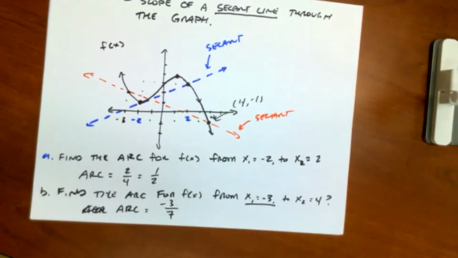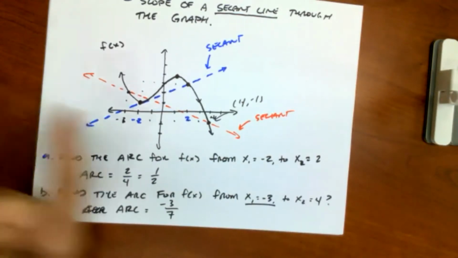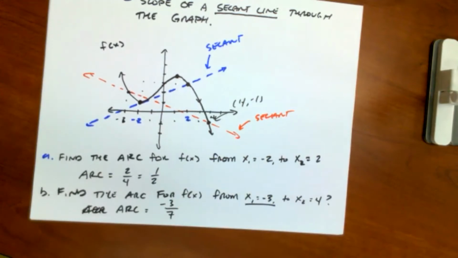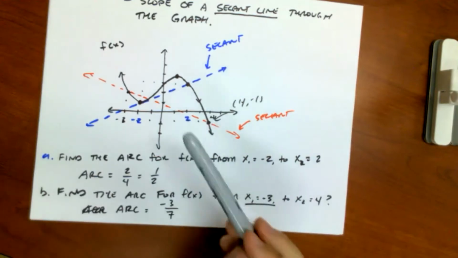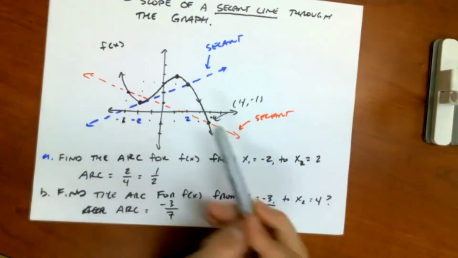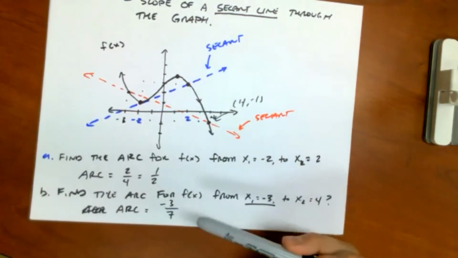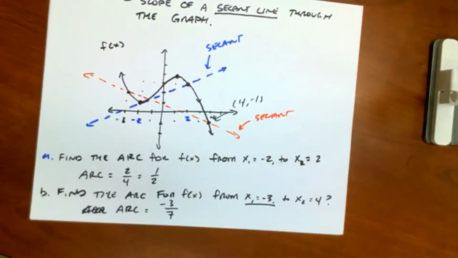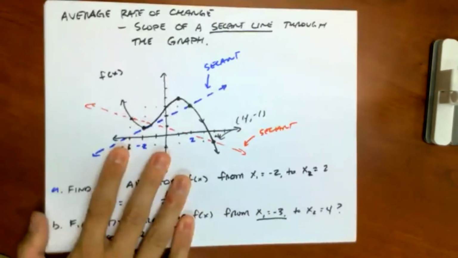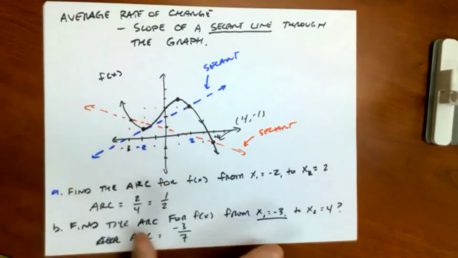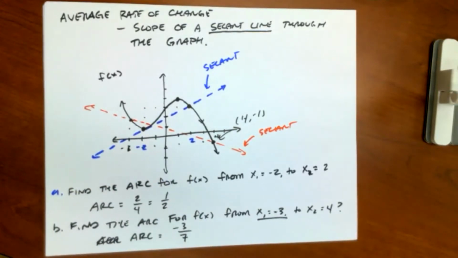So my average rate of change is -3 over 7. So over this interval, I'm decreasing on average -3/7. Any questions for this, other than I think I just need to see another example?